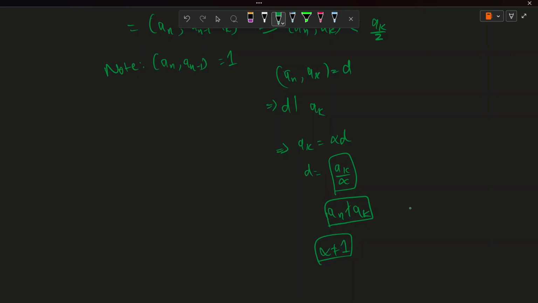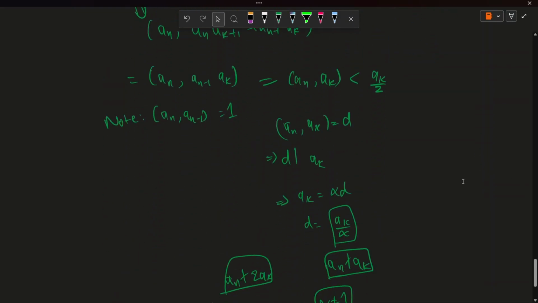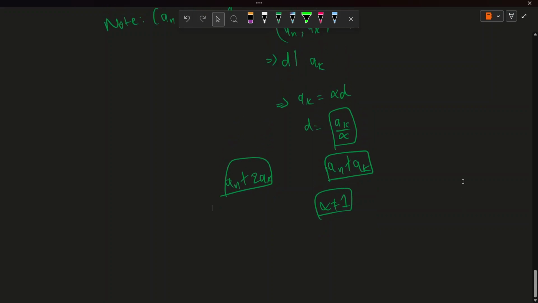So suppose it is 2, then we need to show that an does not divide twice of ak. So this also you can show by a similar procedure as mentioned earlier. I'm skipping a lot of details because otherwise it would be a very long video. So alpha equal to 2 also doesn't work. So alpha is not equal to 2.